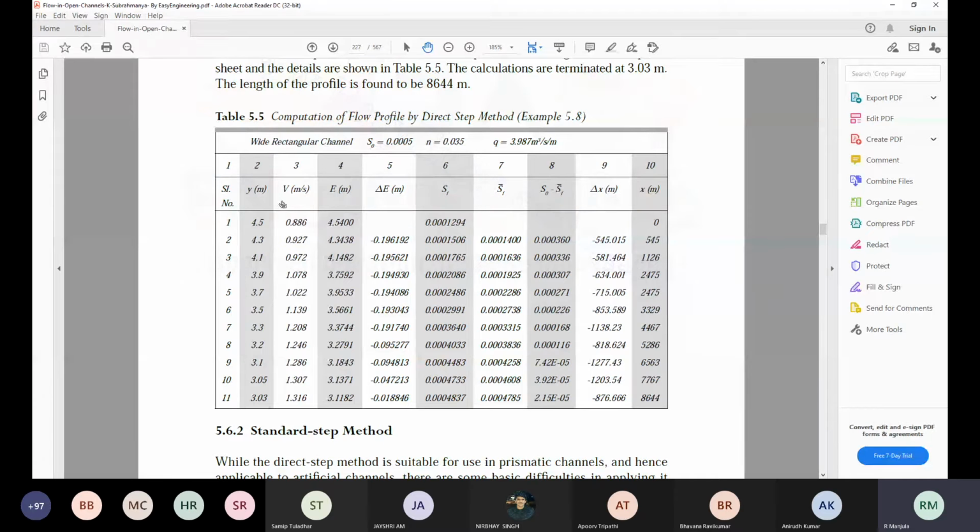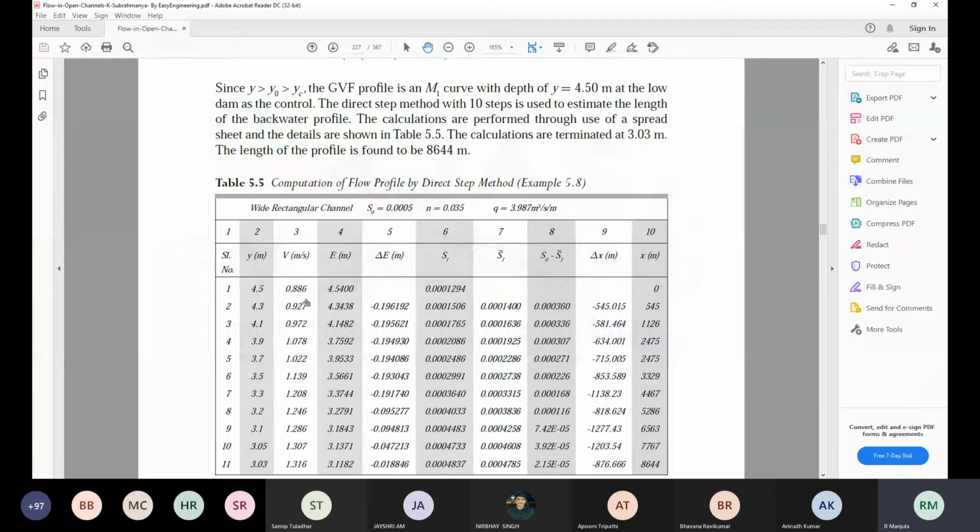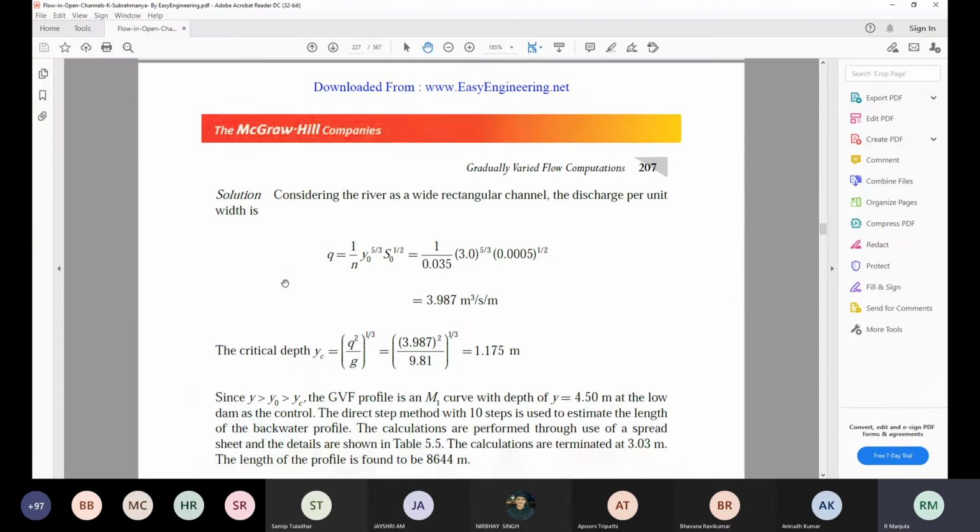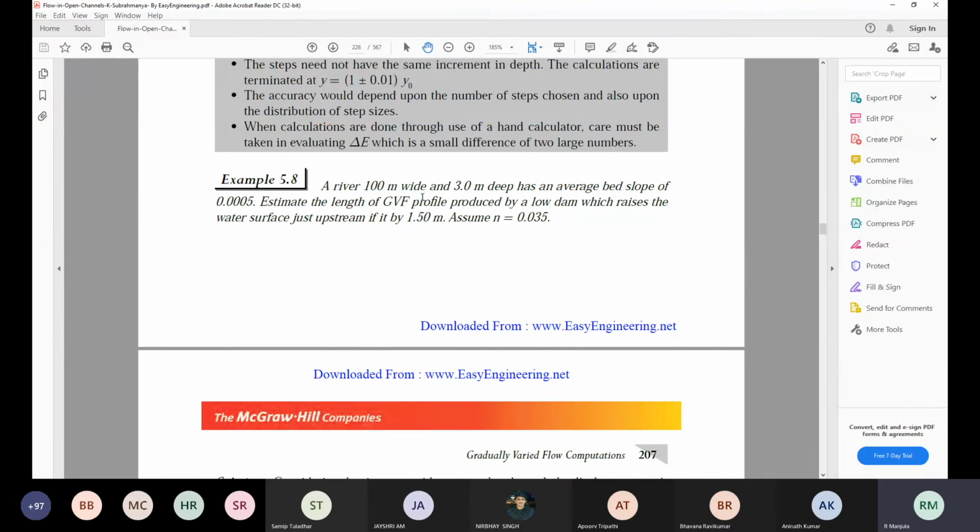Because here it is a rectangular channel, you need not go for A, P and everything, because you can directly find out Q by A. Our width is directly known, depth is known, so Q by A, y into width of the channel. What is the width of the channel? It is 100 meters wide, a wide rectangular river. So this Q divided by B into y will give you the velocity, and E is equal to y plus V square by 2g, and delta E is between the two sections, E2 minus E1.